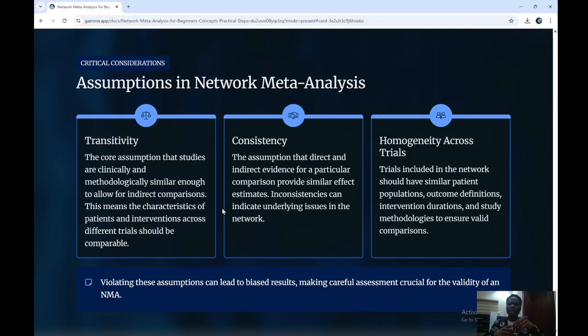One of the things I want you to understand is that, just like in the traditional meta-analysis where we account for homogeneity across trials, it is essential to understand that trials included in the network should have similar patient populations. Assumptions are usually also made about outcome definitions, intervention duration, and several parameters that we extract during data extraction, more like study methodologies, to ensure valid comparisons. If you violate some of these assumptions, there are tendencies to lead to biased results, making careful assessment crucial for the validity of the network meta-analysis.